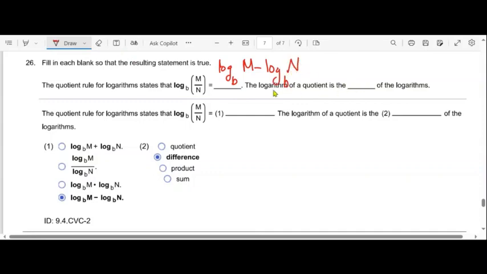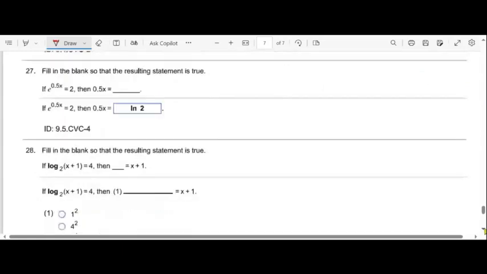Very good. The logarithm of a quotient is the difference of the logarithms. Is this understood? Yes. Next one.